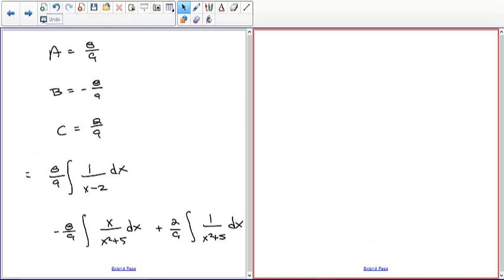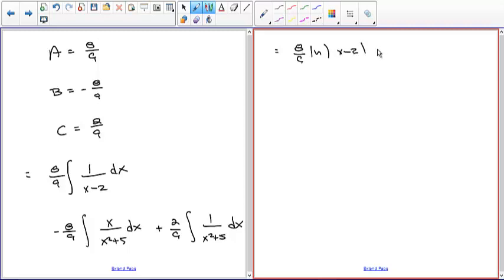The first integral will be 8/9 the natural log of the absolute value of x minus 2, minus 8/18 times the natural log of the absolute value of x squared plus 5, plus 2/9 times 1 over the square root of 5 times the arctangent of x divided by the square root of 5.